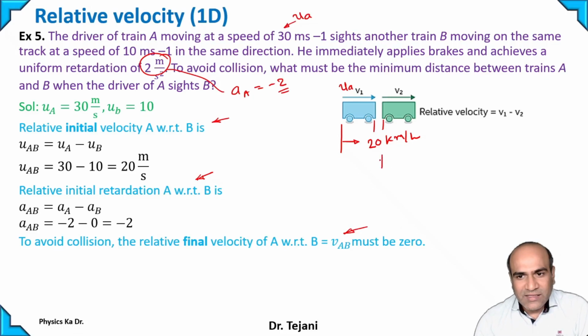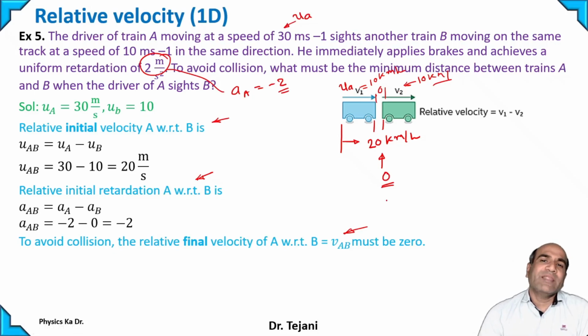That means if V of A reaches 10 km per hour and V of B is also 10 km per hour, with some gap, maybe for example 0 gap, that is also okay. So the velocities of both must be equal, or simply the relative velocity VAB must be 0.